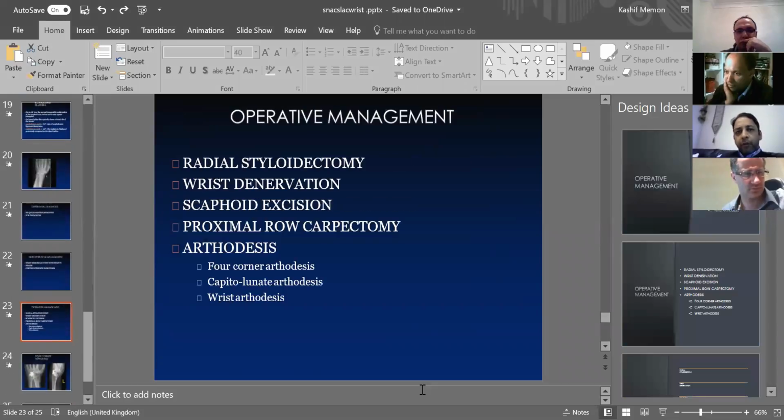Then operative management will again depend on the stage of the disease, so it will be the same: radial styloidectomy, wrist denervation, scaphoid excision, then proximal row carpectomy. The final option will be either limited carpal arthrodesis or four-corner fusion, and the last option will be wrist arthrodesis in severe disease.